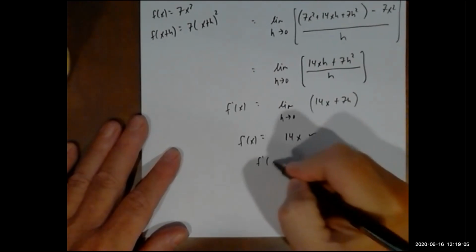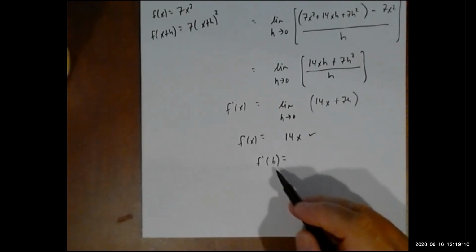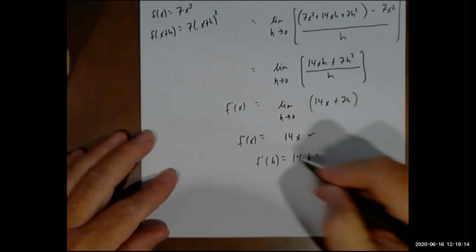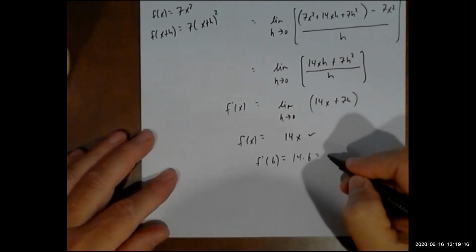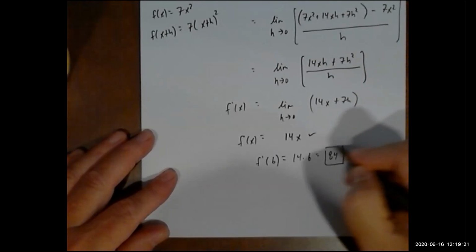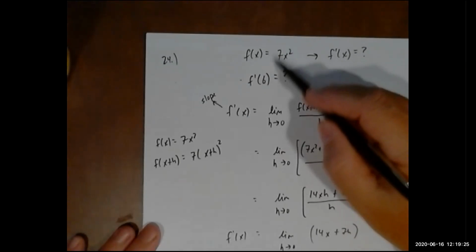So anyways, for this problem, they're asking, what's the first derivative when x is 6? So you plug in 6 for x. Looks like 84 should be the answer. And what that's really saying is, here's a function.